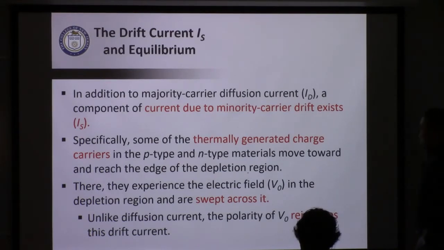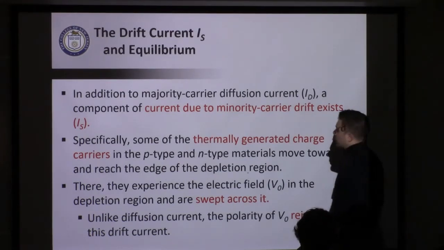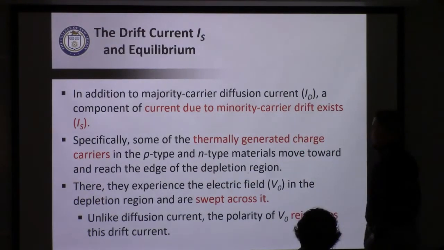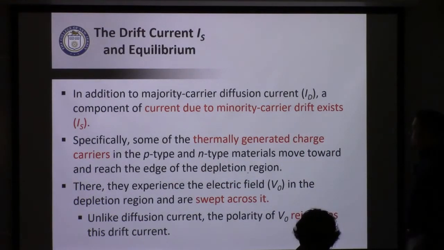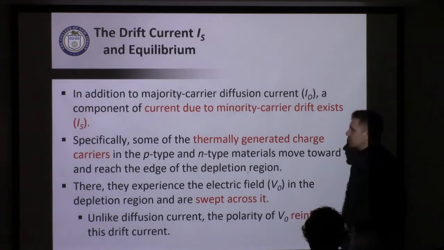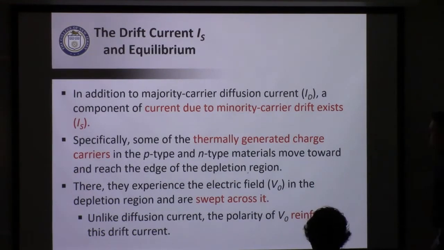Some of the thermally generated charge carriers in both the P and the N-type materials will move towards and reach the edge of the depletion region as part of the process we were talking about previously.